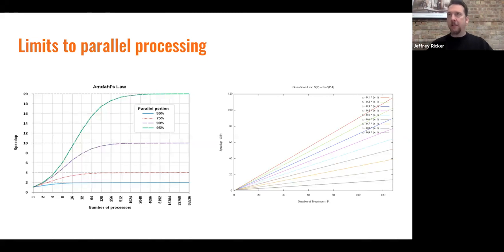Think about solving a puzzle, right? You have a picture puzzle with all the pieces, and you're sitting at the table and you're solving it. And then you say, you know what? I want my friend to help me. So the two of you are sitting at the table putting the puzzle together. And then you say, let's do this faster. Let's get 5 people working on it, or 6 people. Now you're starting to have some collisions because a couple of you are reaching for the same puzzle piece at the same time.